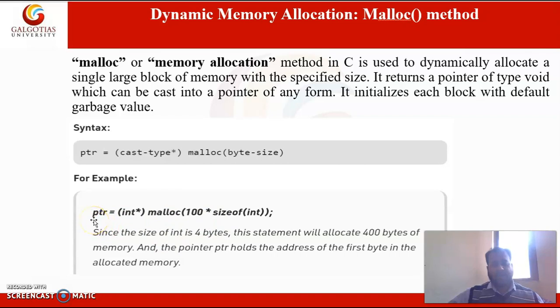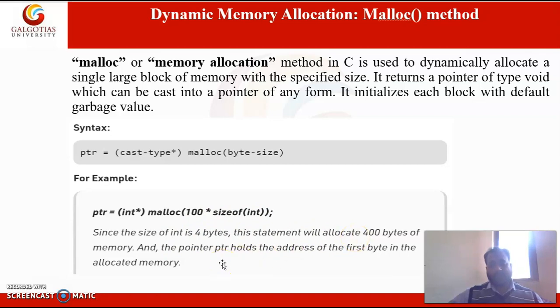Here ptr is the pointer variable, then the casting, as I said earlier, must be int, then the method name, and here 100 indicates that I want 100 elements of type int. So in this statement we are allocating 400 bytes of memory.